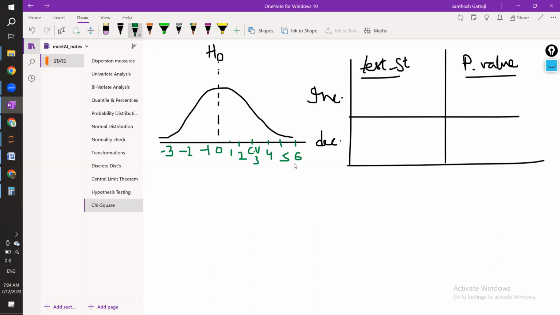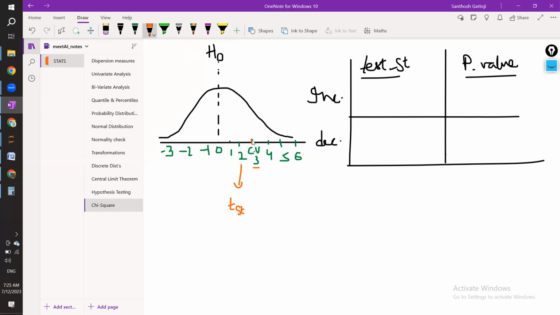Now observe, if my critical value is 3 and this is my test statistic, that means my test statistic is less than the critical value. In that case, I need to accept the null hypothesis, because I'm moving towards the null hypothesis.